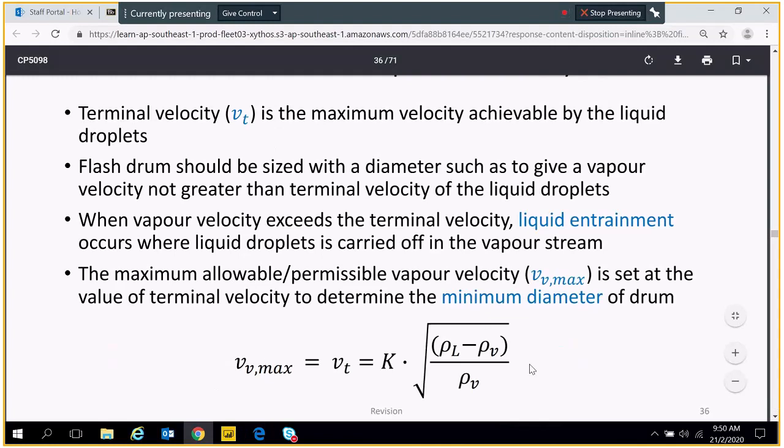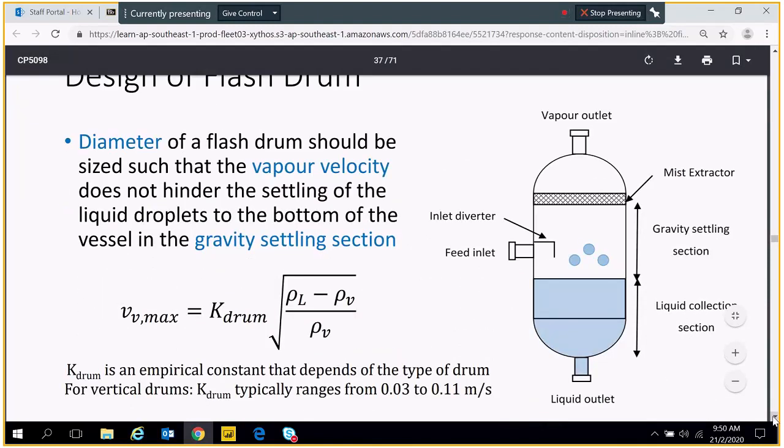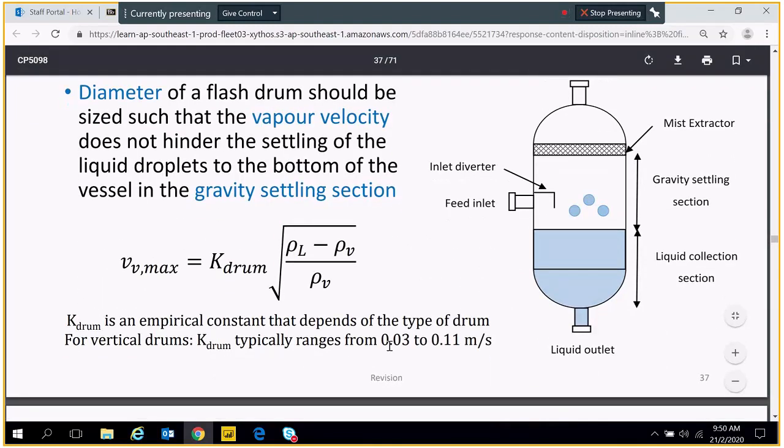Now, V_V max, this is the principle behind the calculation of the minimum diameter of the drum. I already explained in the class. K drum, you can see the range is 0.03 to 0.11 meter per second.